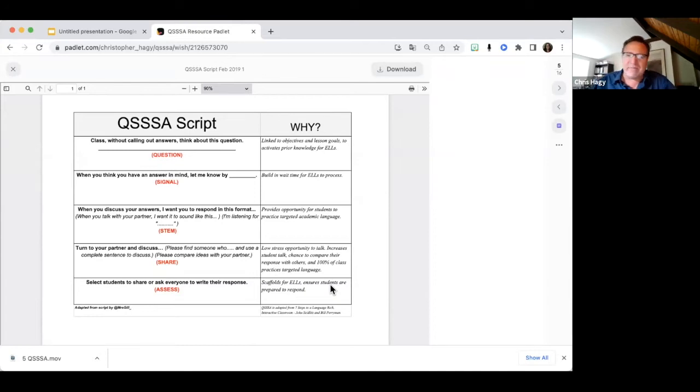And there is a script for each of the 5 components: the question, signal, stem, share, and assess, as well as a descriptor over on the right side that explains why. And I think that's really important that teachers understand why we're doing this, so that they understand why it works. And the real power of this is your scaffolding structured conversations with the students.